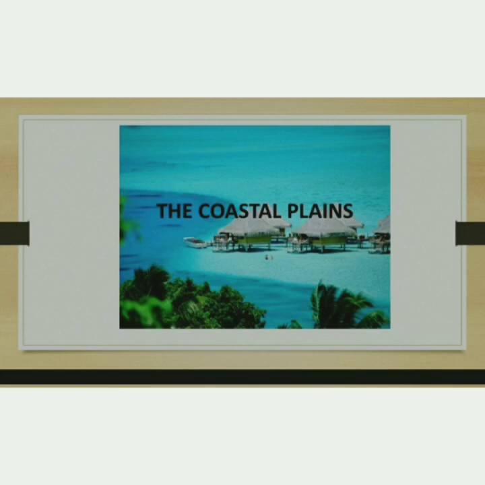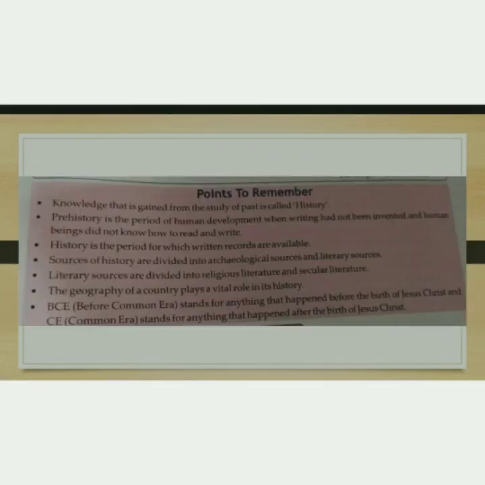Points to remember. Knowledge that is gained from the history of past is called history. Prehistory is the period of human development when writing had not been invented and human beings did not know how to read and write. History is the period for which written records are available. Sources of history are divided into archaeological sources and literary sources.